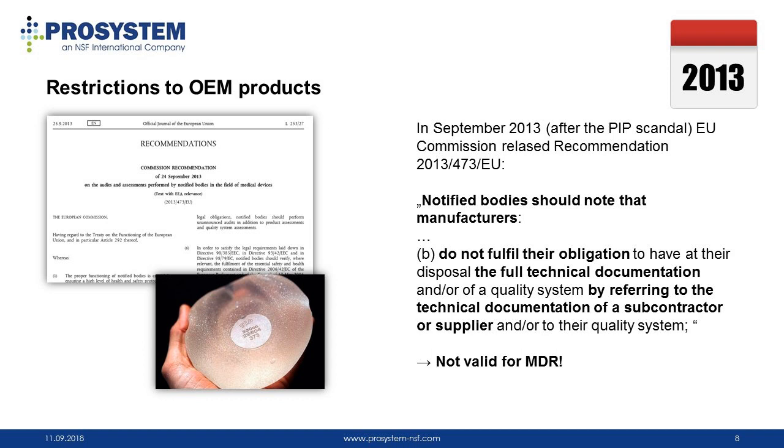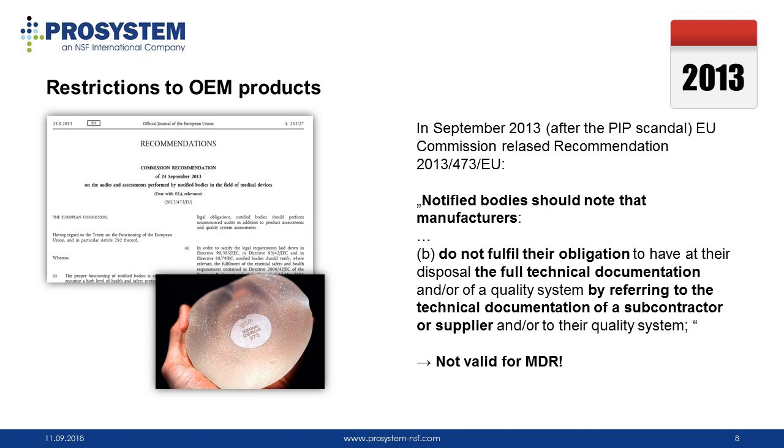The EU Commission released a recommendation, and in this recommendation they already stated that a legal manufacturer, the PLM, does not fulfill the obligation to have at their disposal the full technical documentation and or quality system by referring to a technical documentation of a subcontractor or supplier and or to their quality system.